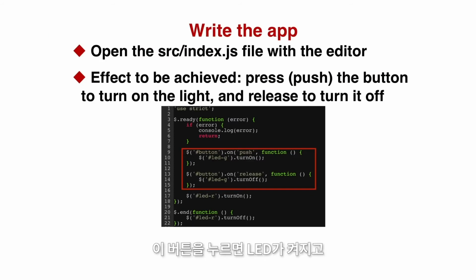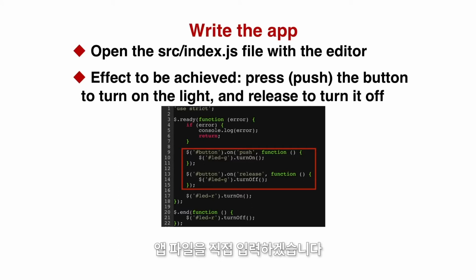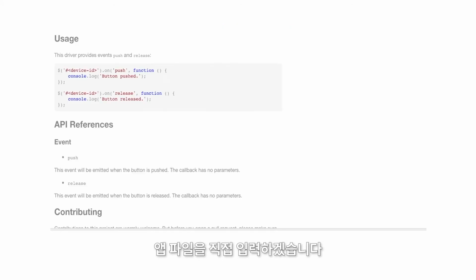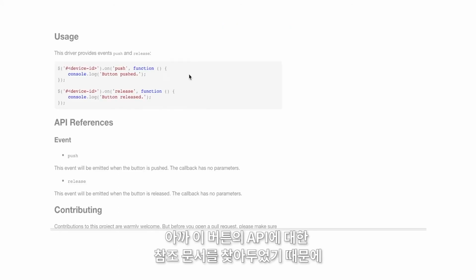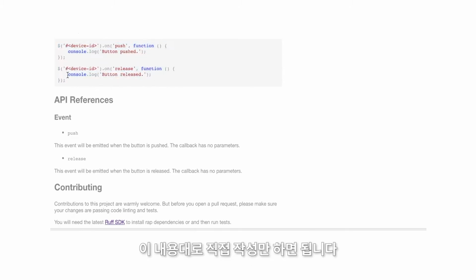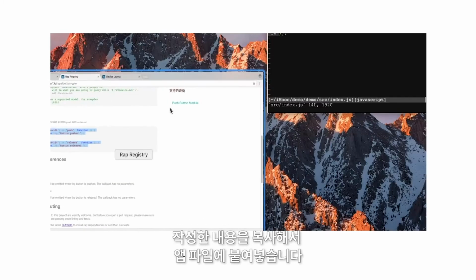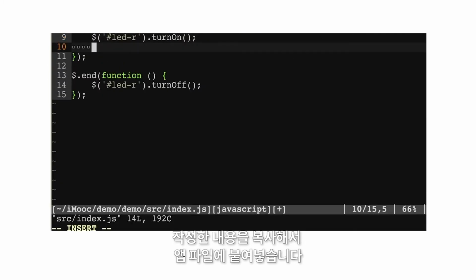We aim to, when we press down this button, turn on this LED. And when I release this button, this LED will be turned off. Let's directly enter this app file. Since we've already found some reference documents for an API of this button, we may directly write according to it. We copy it and paste it into this application file.